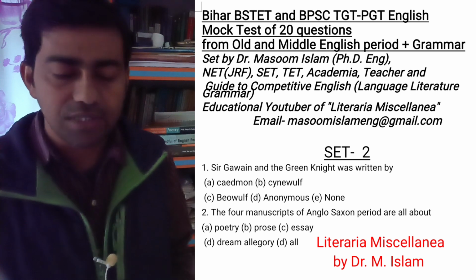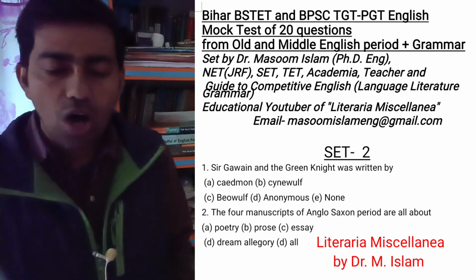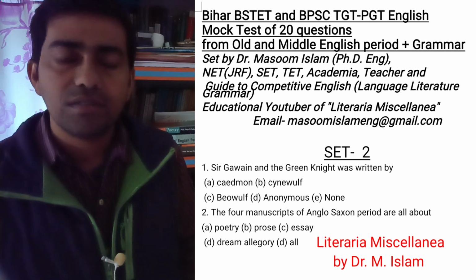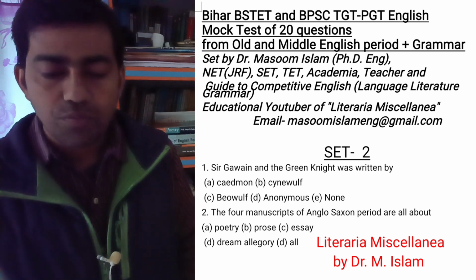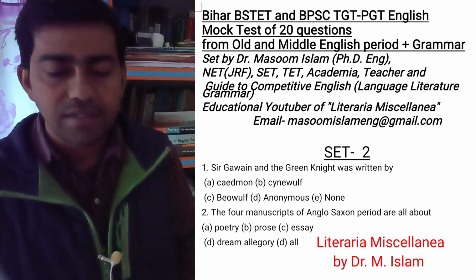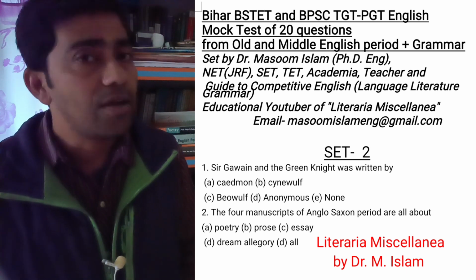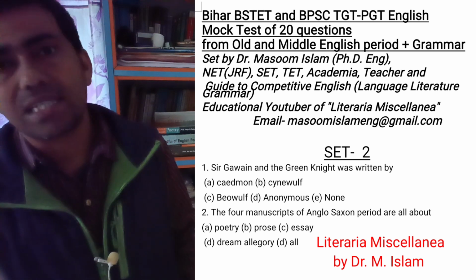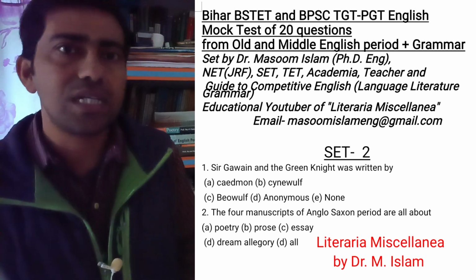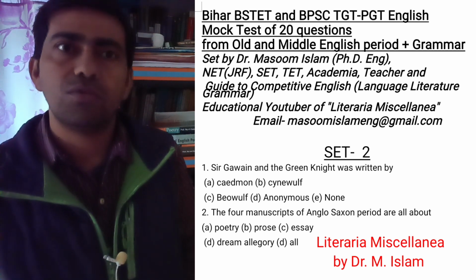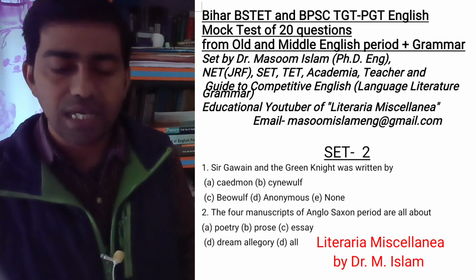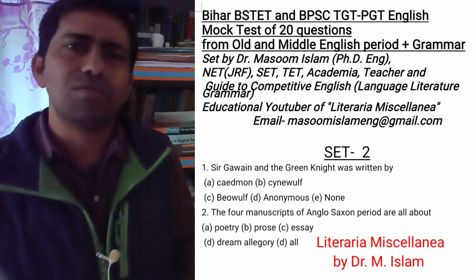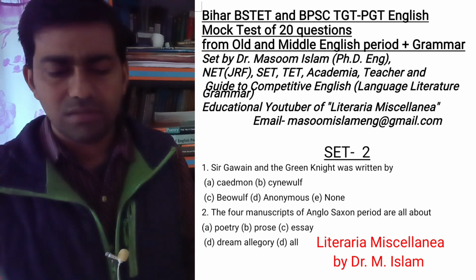Second question: the 4 manuscripts of the Anglo-Saxon period are all about poetry, prose, essay, dream allegory, or all. The 4 manuscripts that are the important records from the Old English or Anglo-Saxon period are all about what?